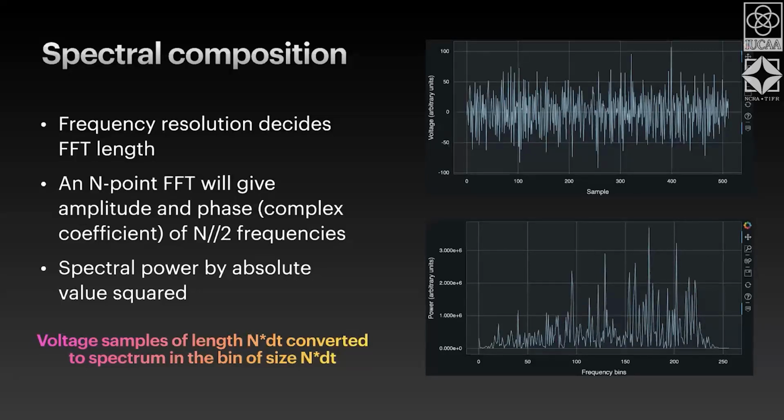We are taking an n point Fourier transform, in this case 512 points, and with that we are getting a single spectrum for that time bin, which is n star dt. In this case, I think it will be about 15 microseconds or so. So in that 15 microsecond bin, you have one spectrum instead of 512 voltage samples.